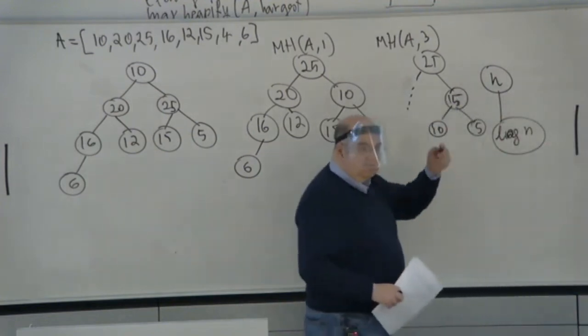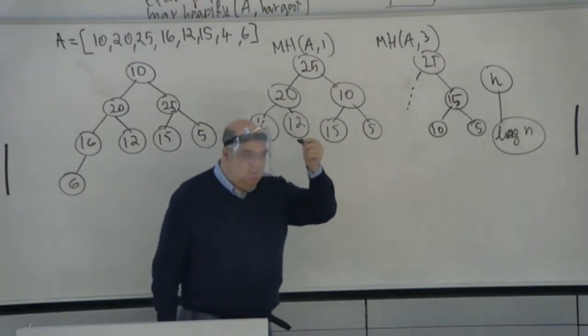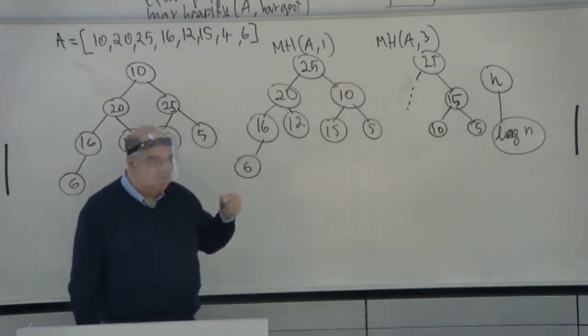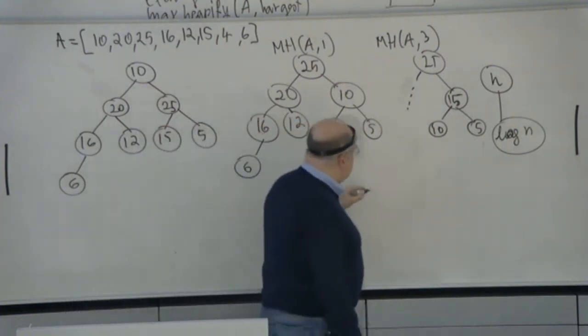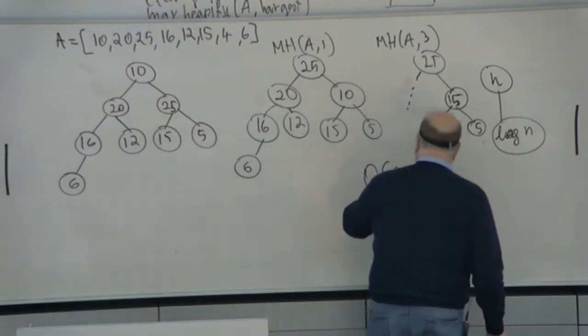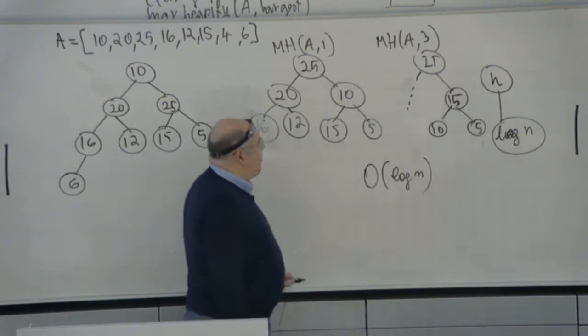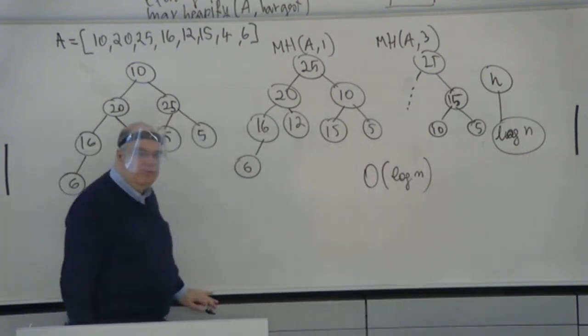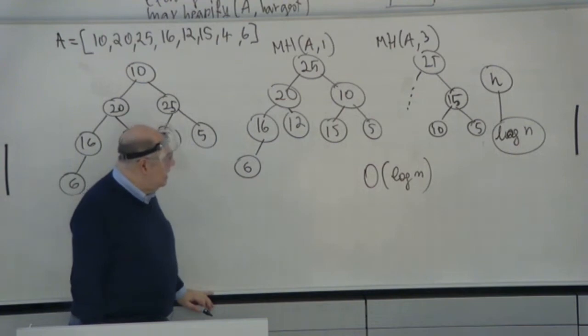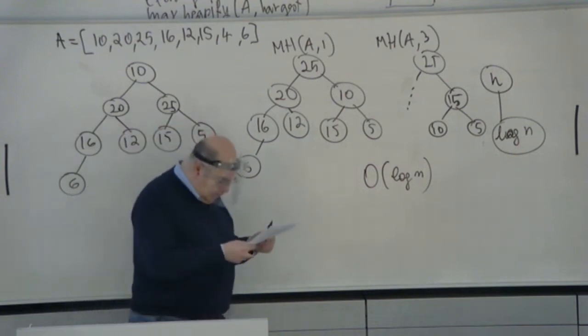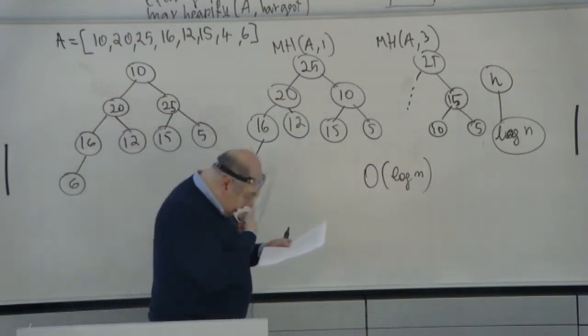H is the height of the tree, because at each step, in the worst case, you go one step and then one step below, and so on and so on. And so essentially this algorithm performs in time big O of log n.